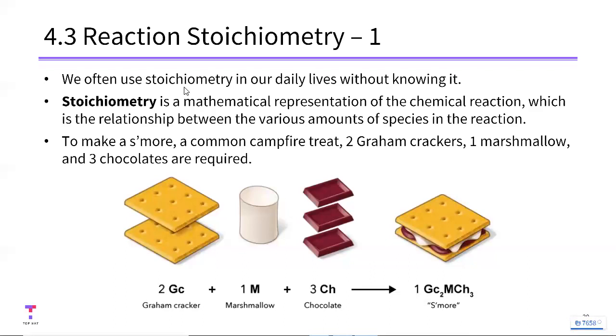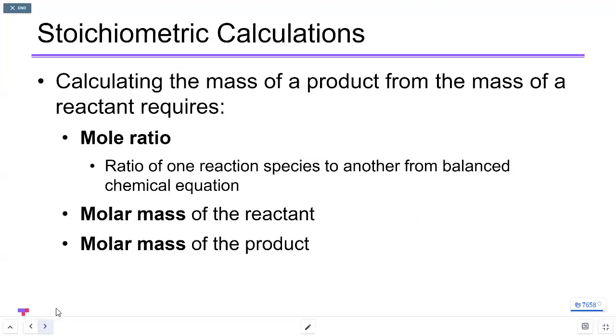In the recipe world, we reference things to cups, or in this case, squares, specific items. In the chemical world, we reference everything to moles.